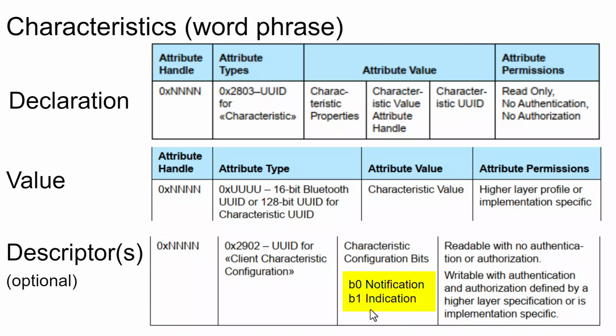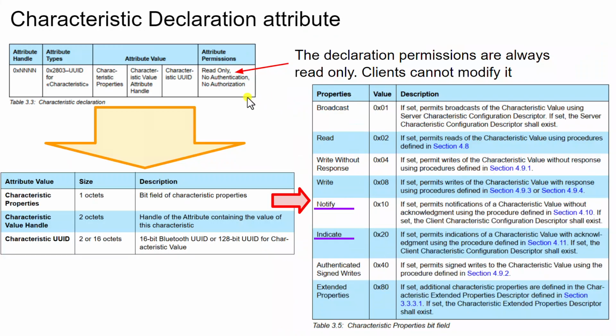Indication requires that the client reply back and say, yes, I got your message that the value's changed, and if it doesn't get it, then it will resend it. I'll talk about this on the next slide. So again, we have that characteristic declaration attribute, and we'll go into a little more detail about it. That fact that it's read-only, so any client device can connect to it and read what this is.